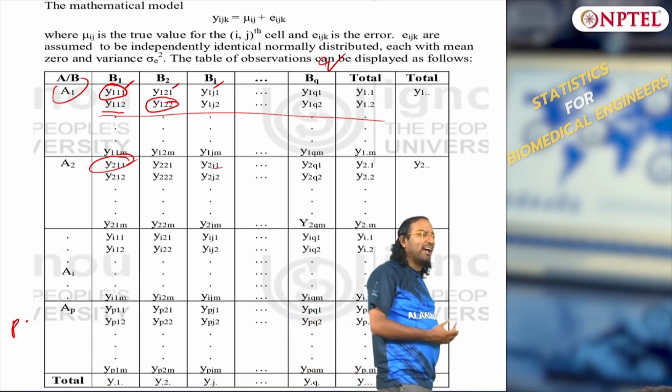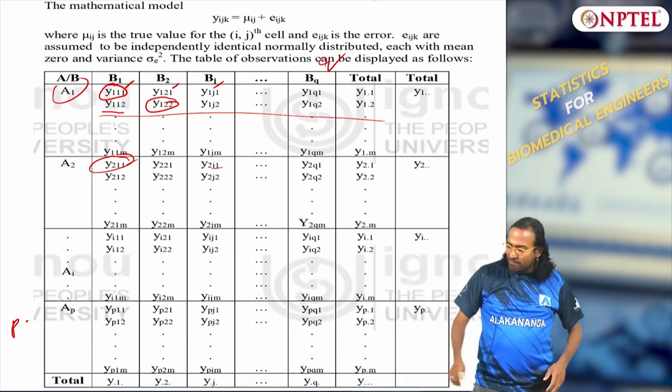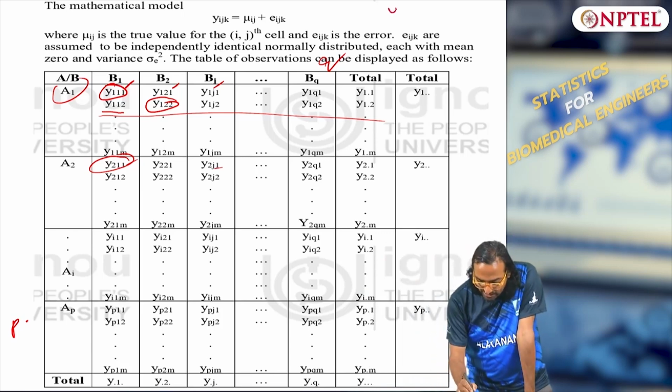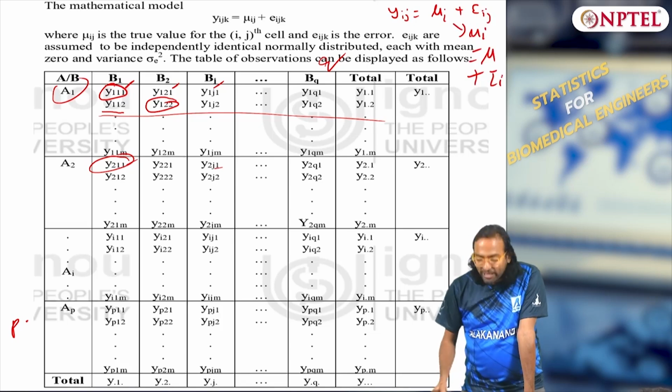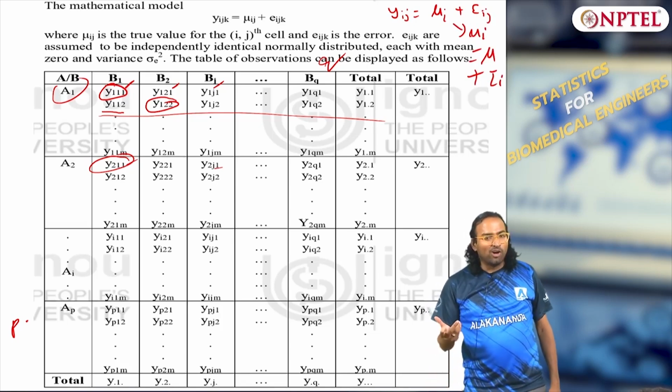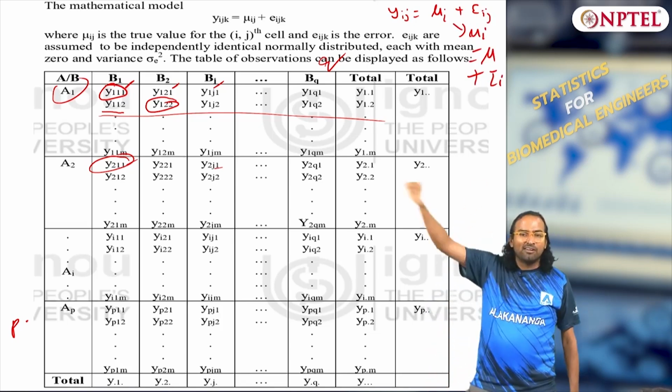Remember in one-way ANOVA, what do I write? I write Yij equals mu_i plus epsilon_ij, and this mu_i is nothing but mu plus tau_i. I did not write it with j as a factor because I do not think of the column as a factor in ANOVA.